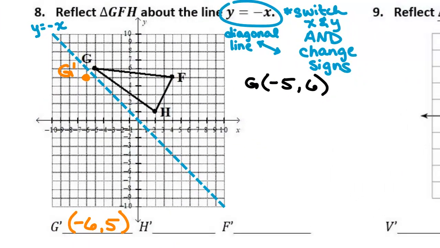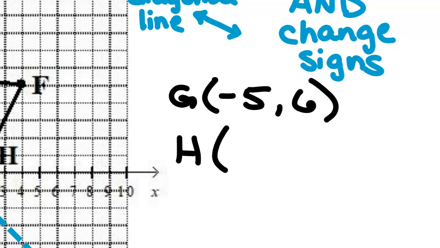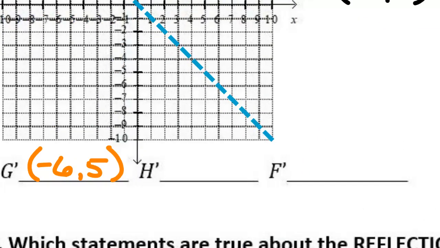All right, let's do point H next. Where is point H currently? At 2, 1. So where would H prime be?